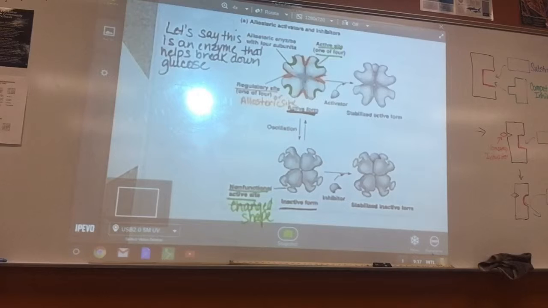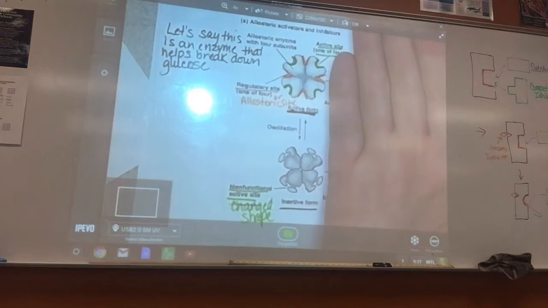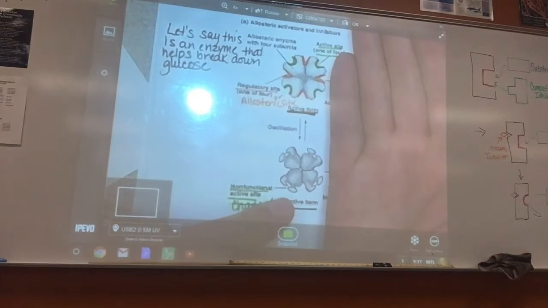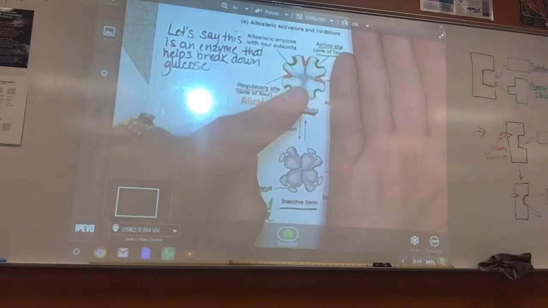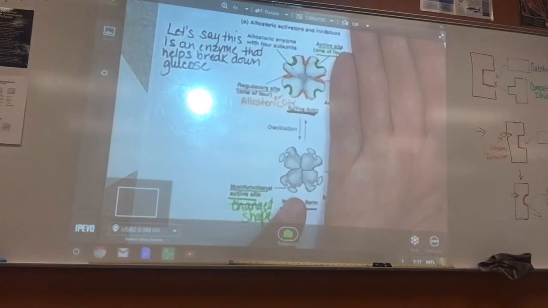So we want to help break down glucose. If we look here at the enzyme in the active form versus the inactive form, we would want it to be in the active form and help break down glucose when we need ATP, right? And when would you want it in the non-active form? In what situation would you not want to break down glucose?